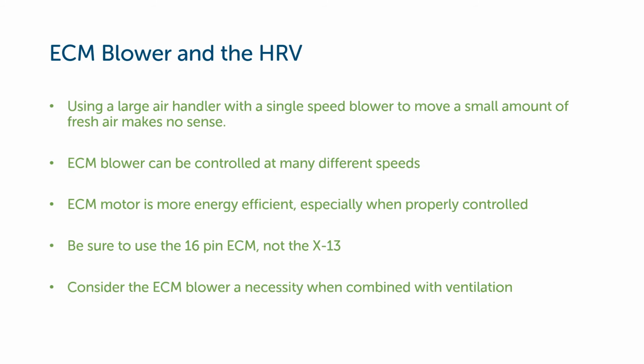ECM motors are way more efficient, especially when they're properly controlled and running at a lower speed. I say if you can get this deep into it, make sure you're using the 16-pin ECM because it is more efficient than the X13 ECM when we're talking about the air handler blower. Consider an ECM air handler blower a necessity when we're combining ventilation and space conditioning ducts.